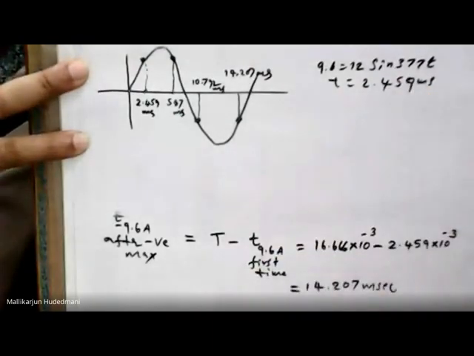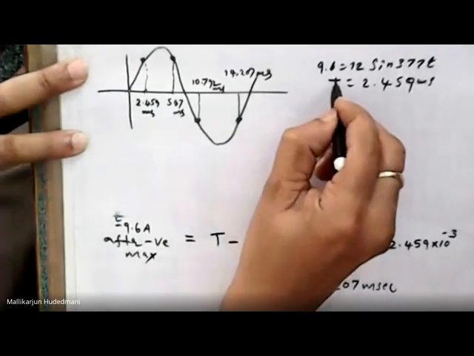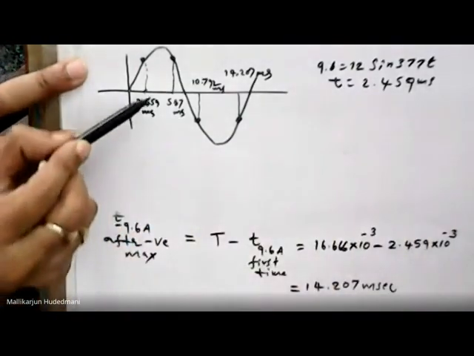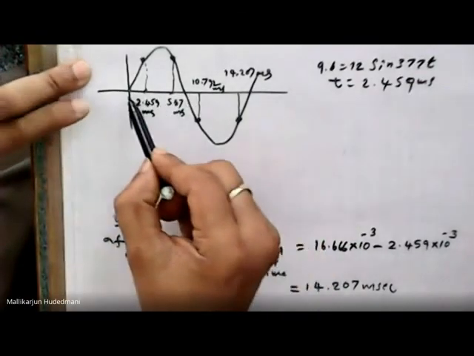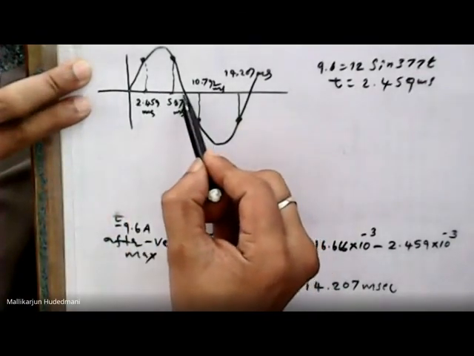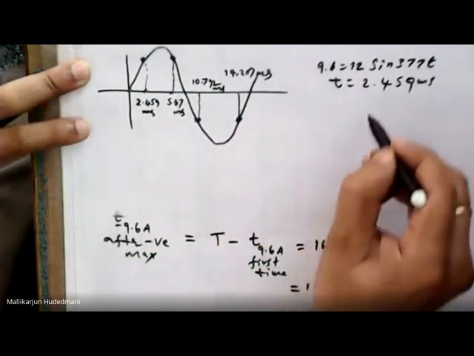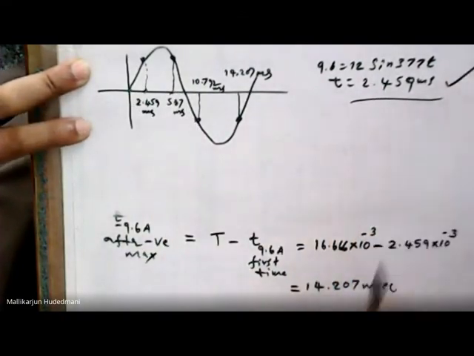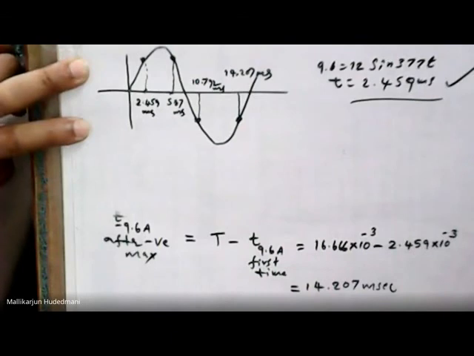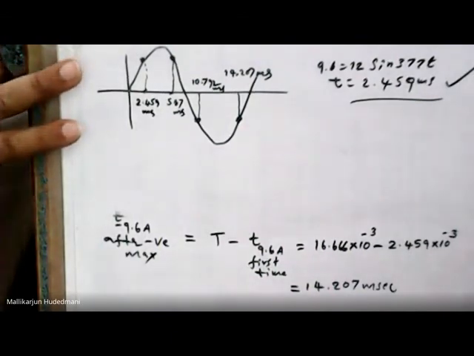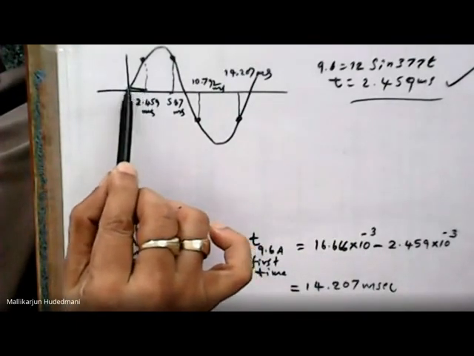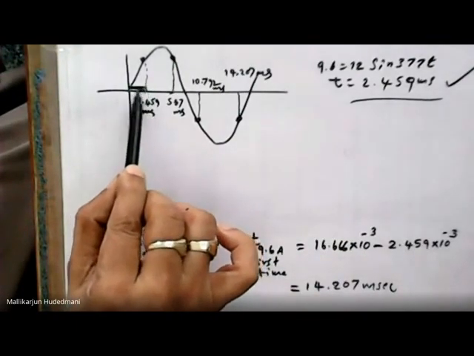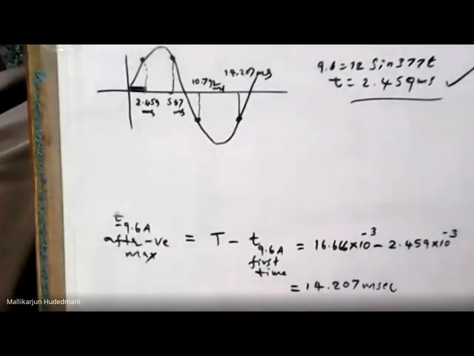Then I use this value of t to get the value of current at this position. What I did? Half cycle time minus the time for first time. This stands as my very reference. Time for first time occurrence is taken as my basic quantity. Therefore, time for first time occurrence is the length of time here, which I am darkening here. This is the time scale.